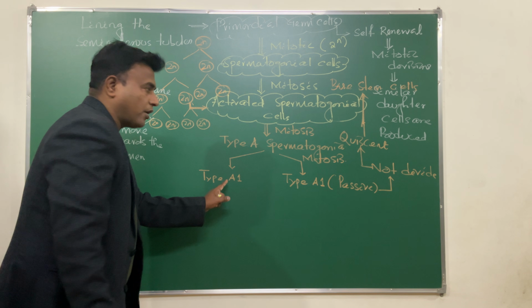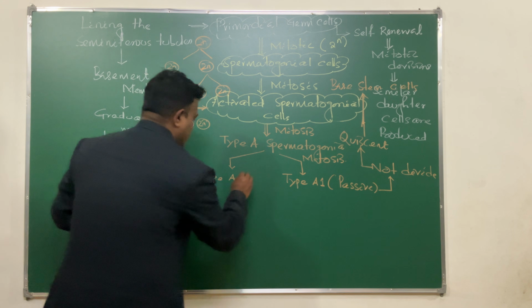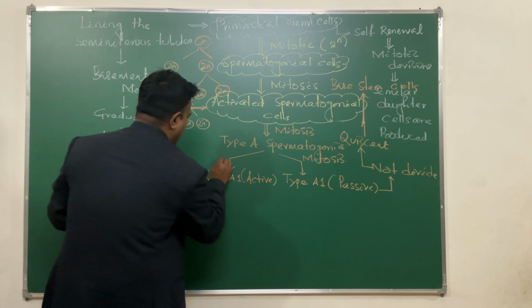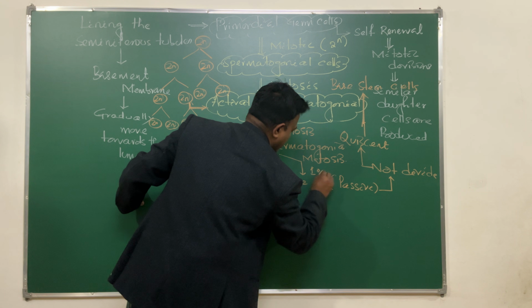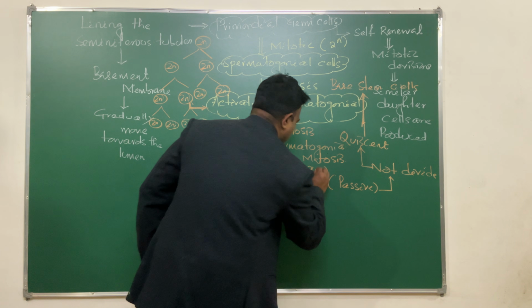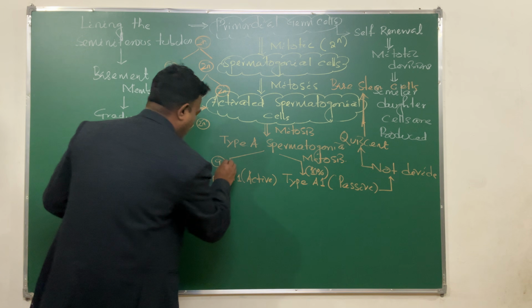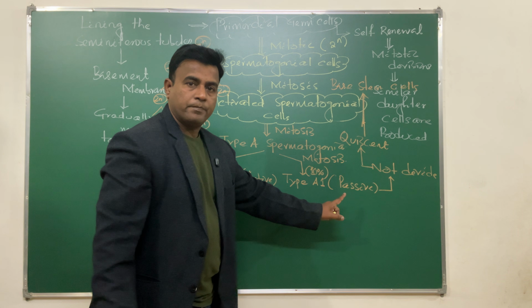But type A1, one category, is very active. That means this is in the ratio of 9:1. This is 90%, this is 10%. For example, here it is 10%, this is 90%, or a 9:1 ratio, I can say. These cells are dividing, these are the reserve.